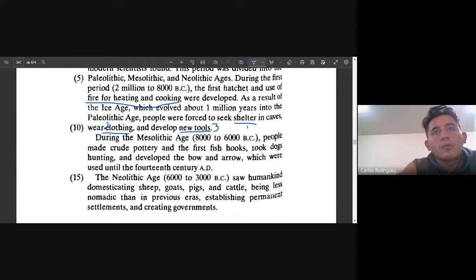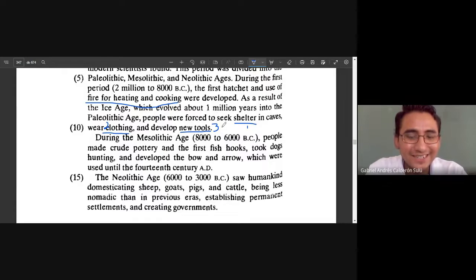When we don't cook the food. Good. What is pottery? That's an important word.